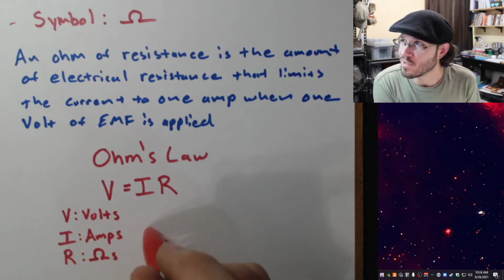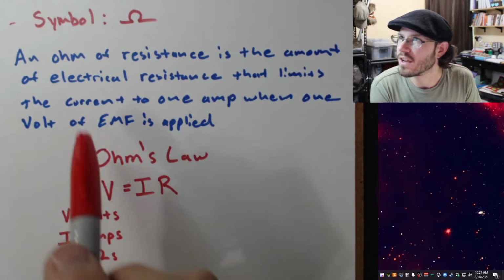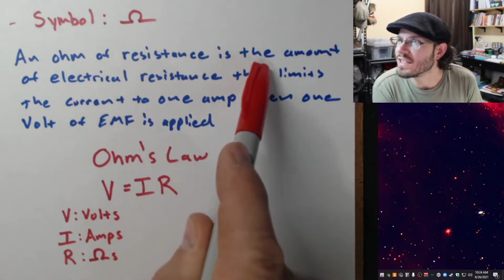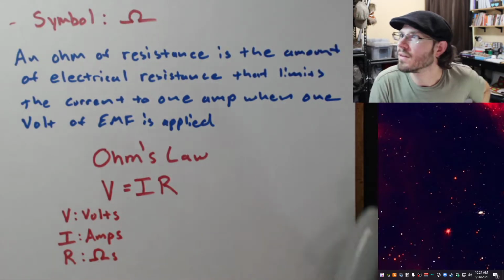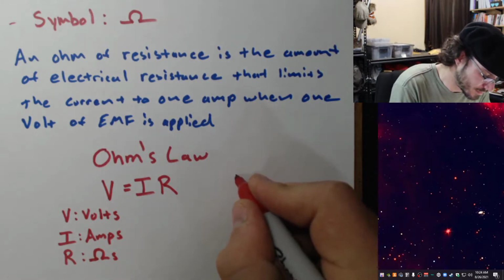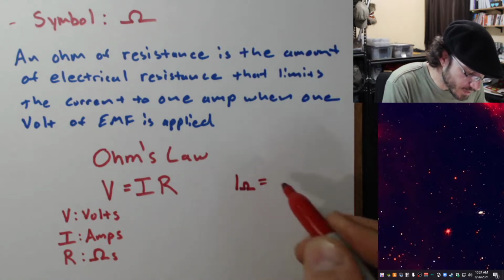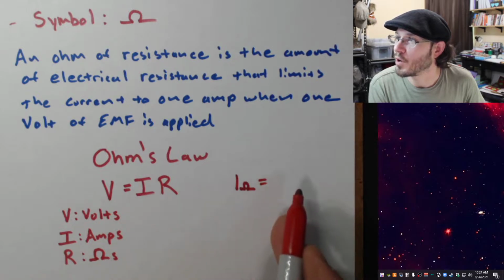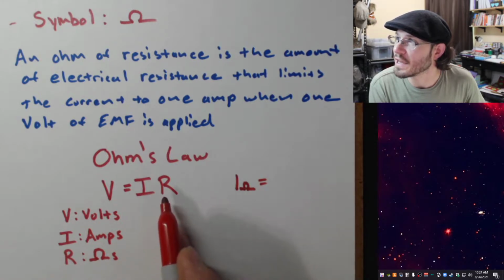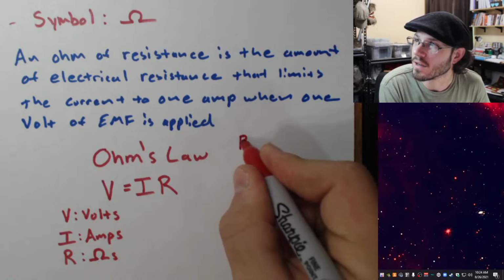And since we are using this equation all day long, every day, we might as well just look at this. An ohm of resistance, 1 ohm, equals, now notice I'm changing this equation around, right? So I'm saying 1 ohm is equal to something. I'm saying R is equal to something. So R is going to be equal to V over I. Let me write it up here.